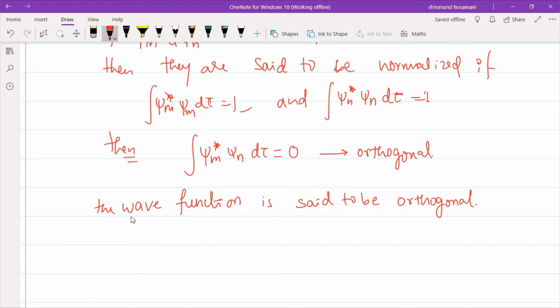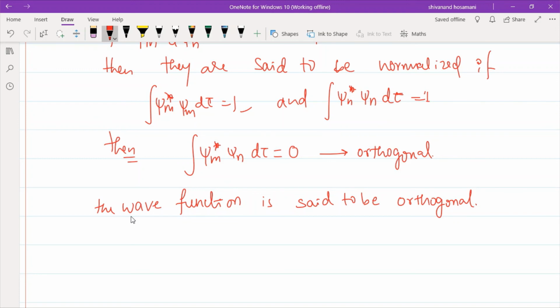As it is normalized, both wave functions are in the same direction, and if I say these wave functions are mutually orthogonal, then they are in mutually perpendicular directions. So this is called, one is normalization and the other one is orthogonality.